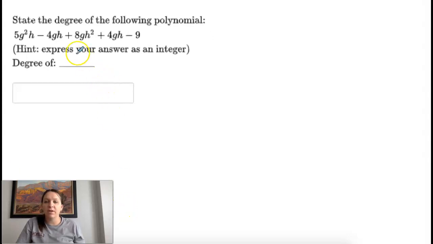And here's another one. Sometimes we get lots of variables. So I have g squared with an h and gh. So what you want to do on these ones is you want to add. So right here I have g squared and I have h to the 1 power. So when I add those, this is a degree of 3.